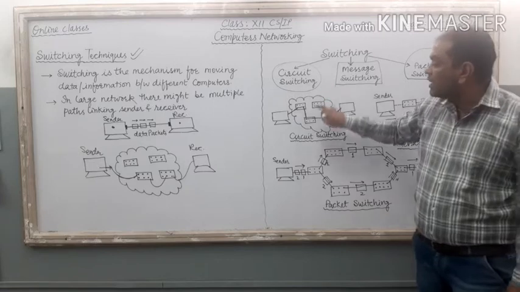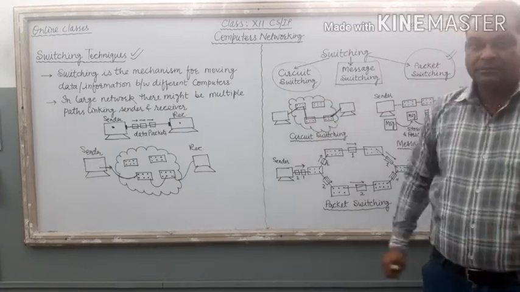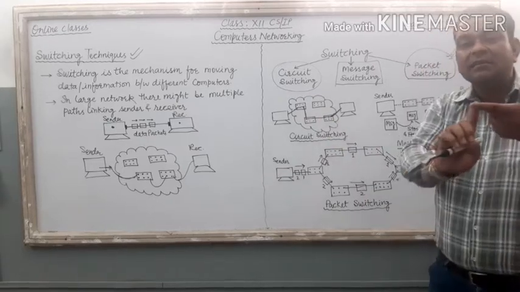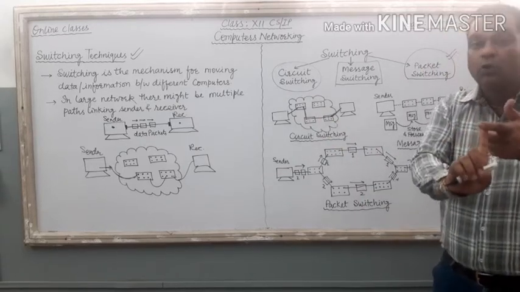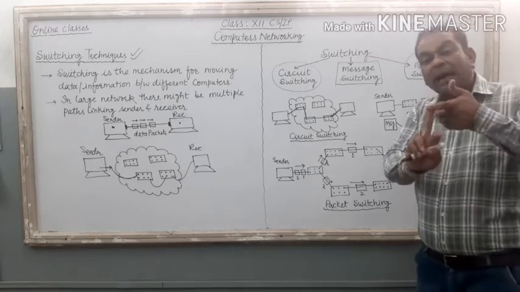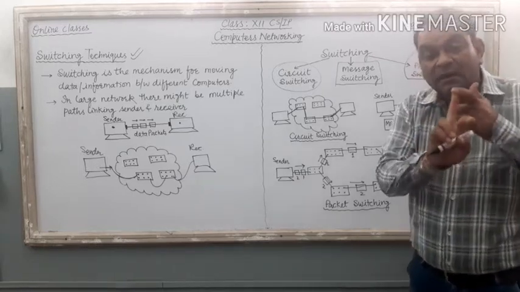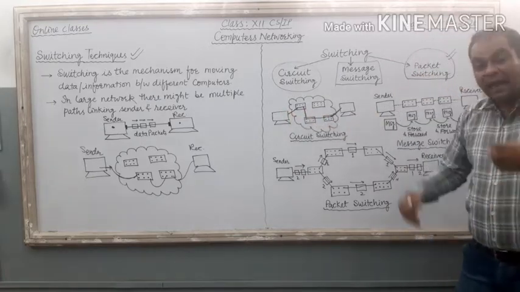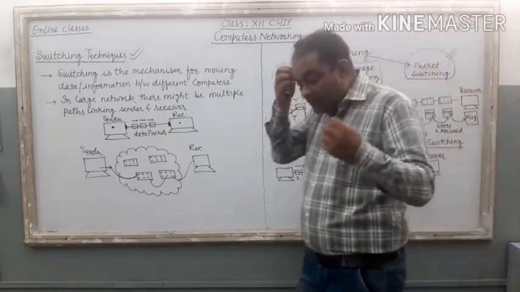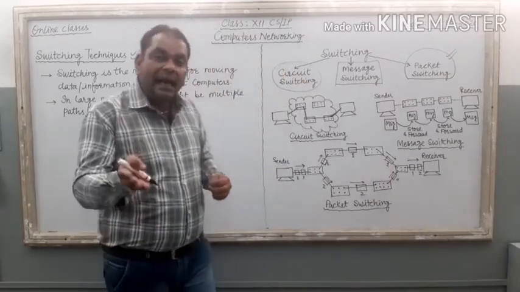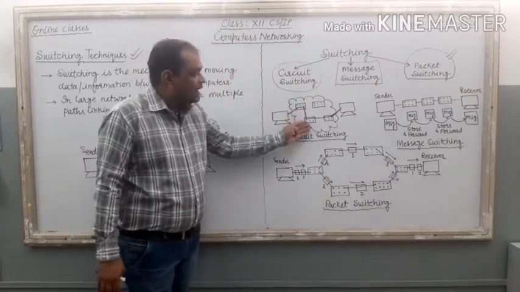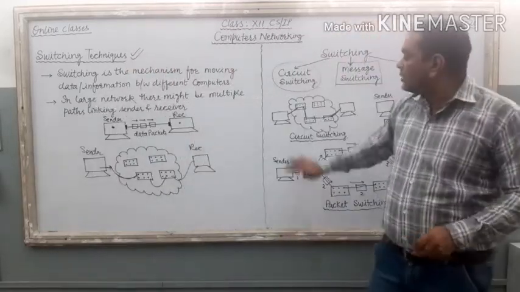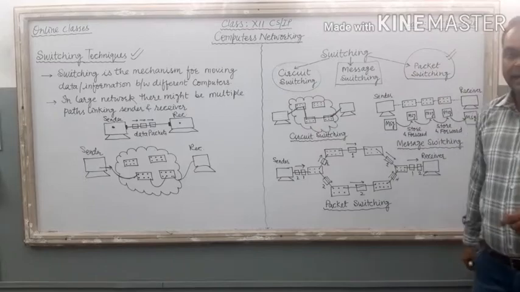No other computer uses this specific circuit. Clear? So in circuit switching, very first a physical circuit between two nodes is established. Then by using this dedicated communication circuit, the data communication takes place, and once the data communication is over, then and only then this circuit is demolished. So it is known as the circuit switching technique.